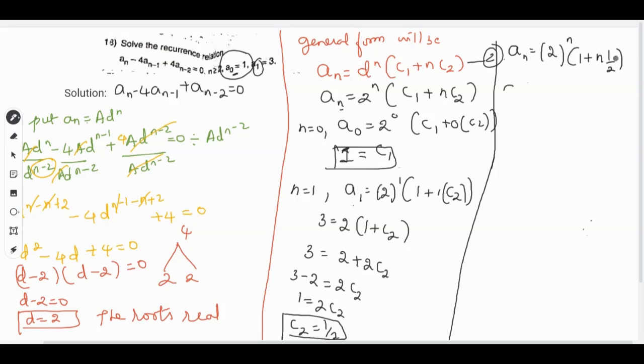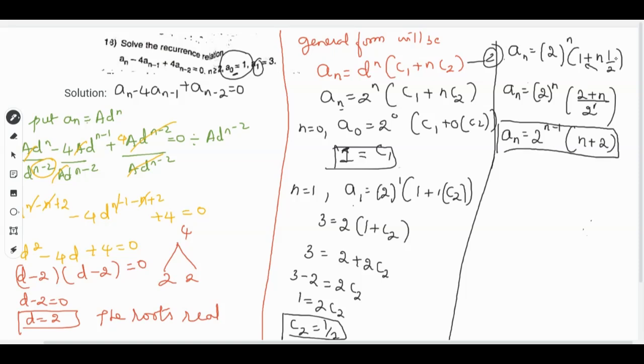So taking LCM here, we get a_n equals 2 to the power of n into, if I take LCM, it will be 2 and here cross multiplication, it will be 2 plus n. Now this power of 2 is 1, if it goes up it will become negative. So a_n will be 2 to the power of n minus 1 into n plus 2. So this is the final recurrence solution for the given problem.